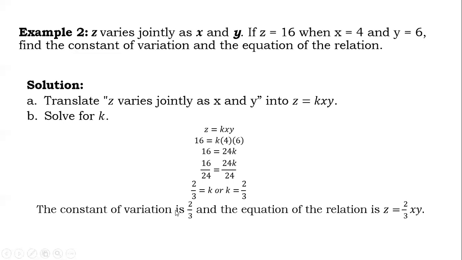The constant of variation is 2/3, and the equation of the relation is z is equal to 2/3 times x times y. This is our equation, and it is easy to find another set of unknown variables once you already have the equation.